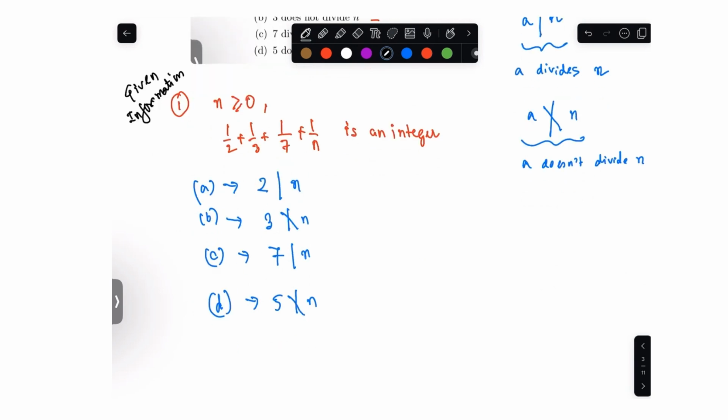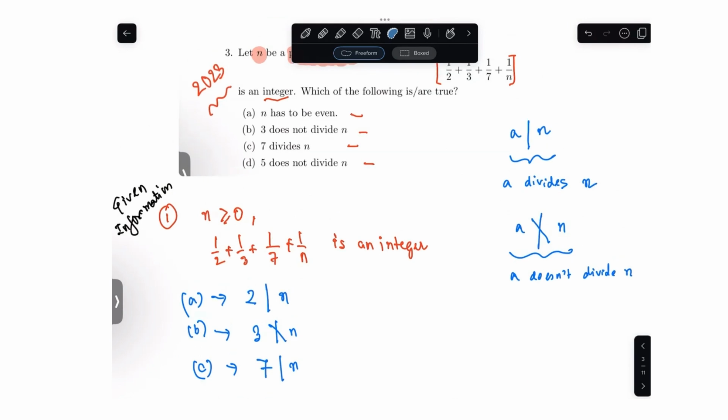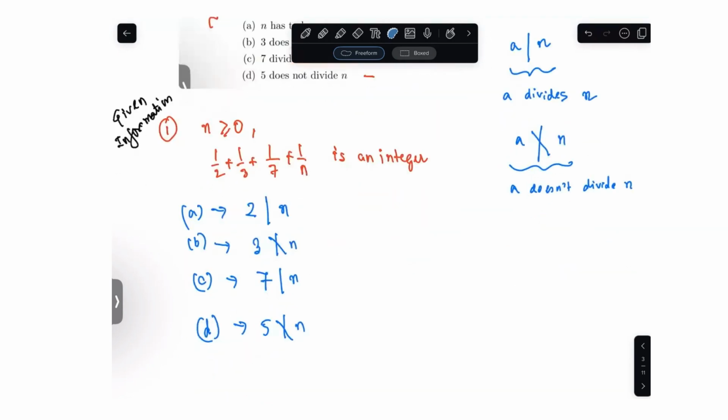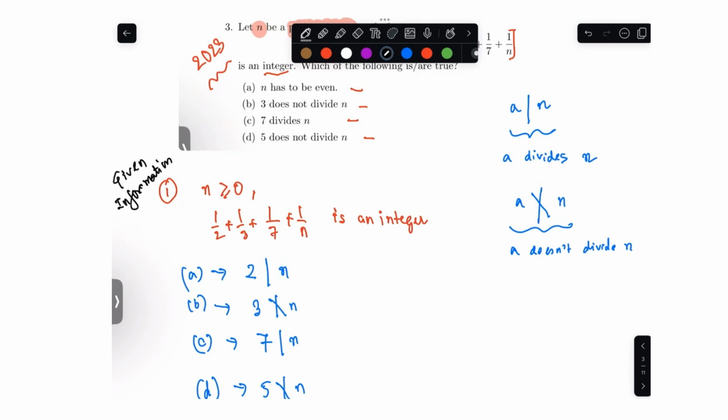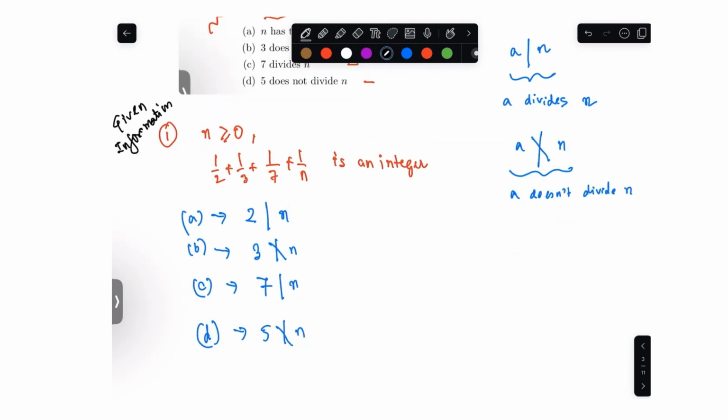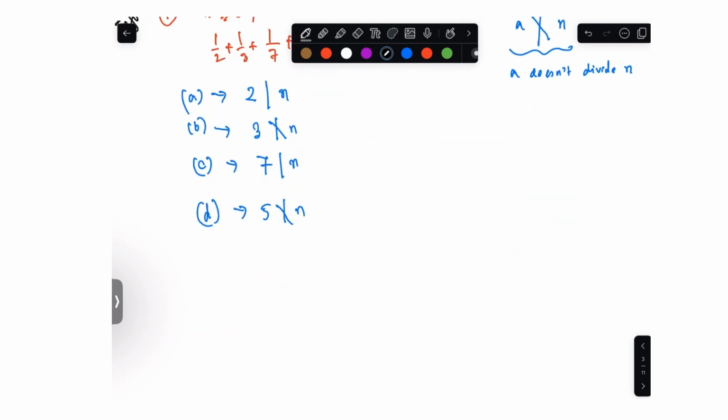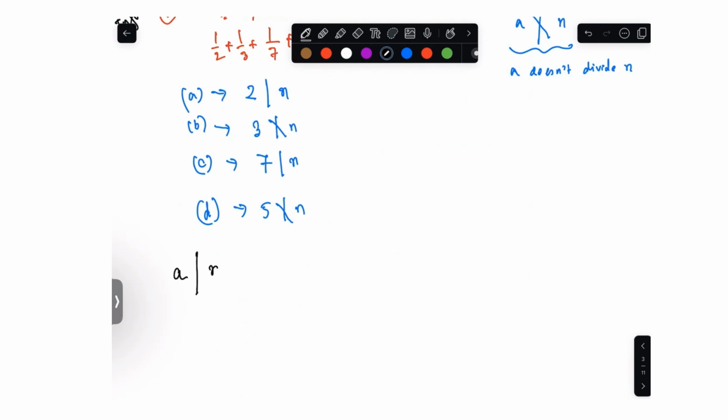So now let's see how we can approach the problem. We have to see each and every statement. A, B, C, D are all of the same genre of questions: whether an integer divides n or doesn't divide n, given the fact that this expression is an integer.